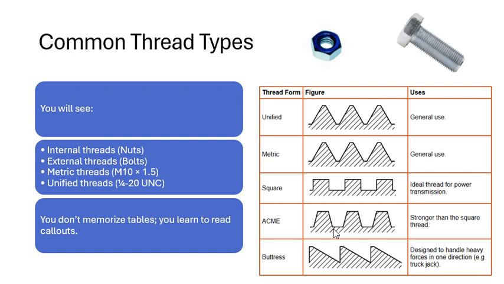Of course, a lot of people think that this is an abbreviation. No, it's just a name. We call this type, a variation of the square thread, ACME, and it's stronger than the square thread. It started out as an organization, but then I think they deprecated it somehow, and the name was left like that. They don't really care for the long form anymore.